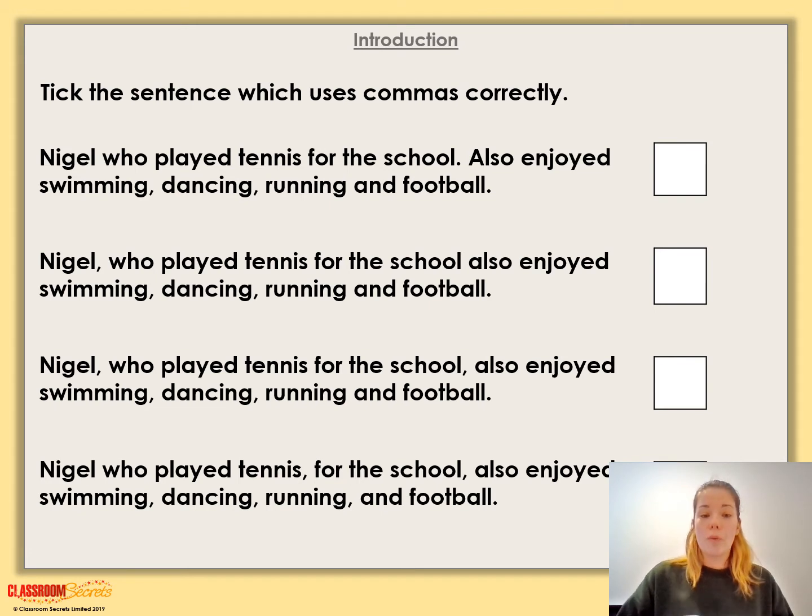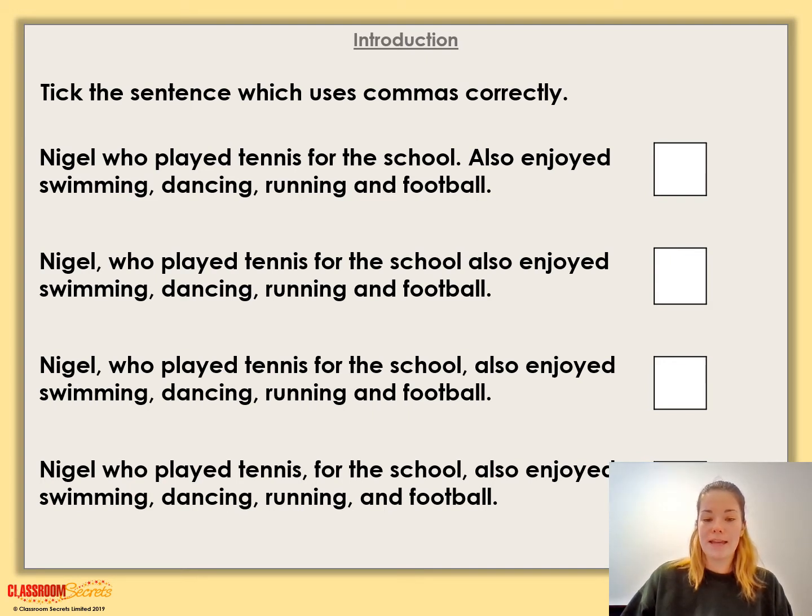What we're going to do now is have a look at these sentences and tick the sentence which uses the commas correctly. I'd like you to think of sentence 1 as A, sentence 2 as B, sentence 3 as C, and sentence 4 as D. Can you write down which sentence uses the comma correctly?